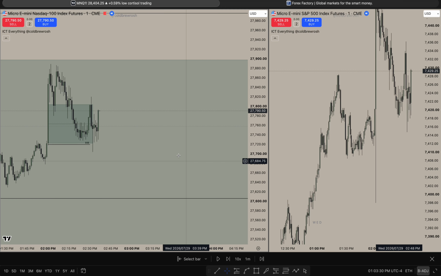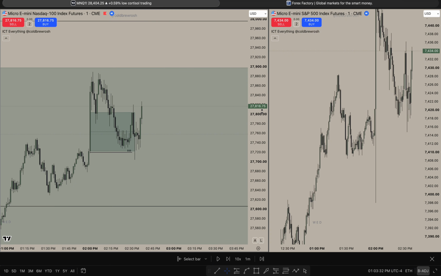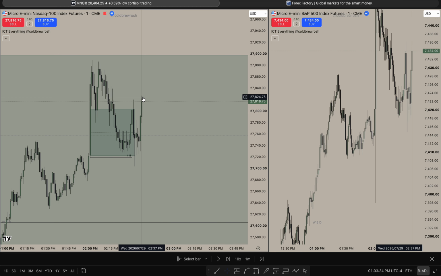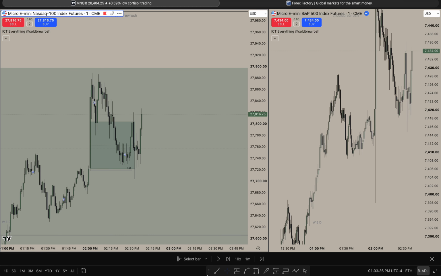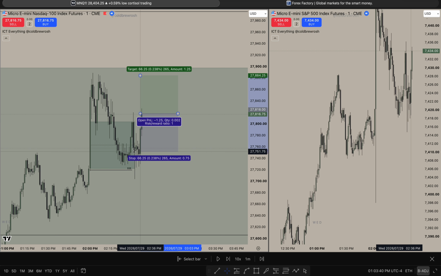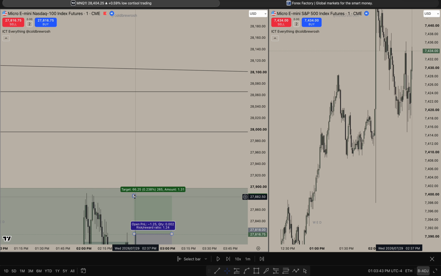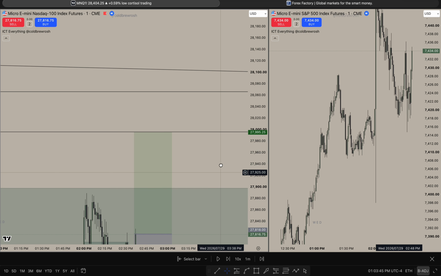And here is the entry. So same thing. Right as I was here, I was just measuring my risk, seeing where I went from my stop, and then where I wanted to target.